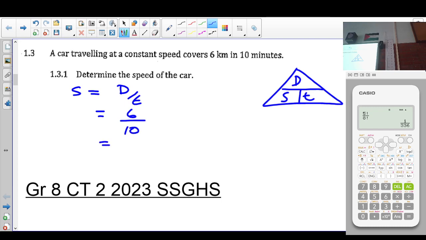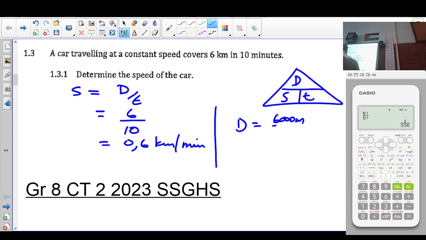So that's going to give you 0.6 kilometers per minute. You could have also converted this to meters. So 6,000 meters over 10 minutes. So that's going to give you 600 meters per minute.